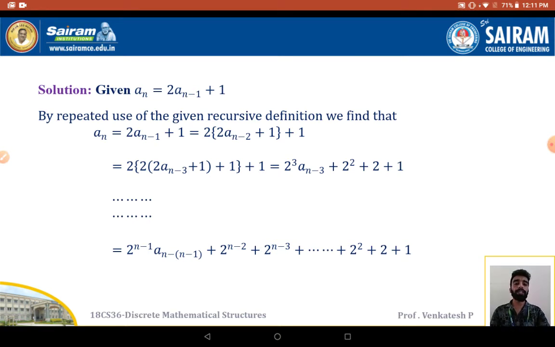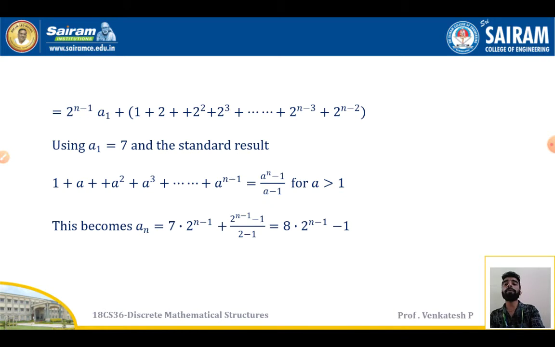Is it fine? Now on expanding a_{n-(n-1)}, I get 2^{n-1} a1 + 1 + 2 + 2 square + 2 cube and so on, plus 2^{n-3} + 2^{n-2}.